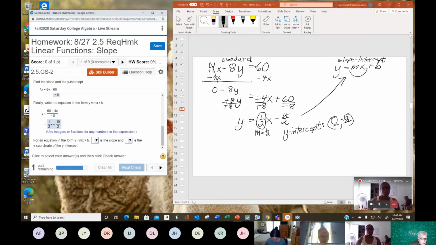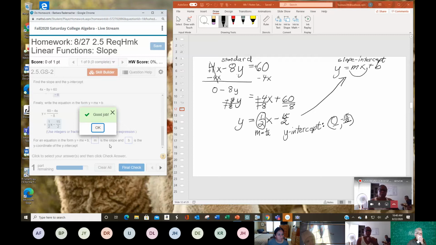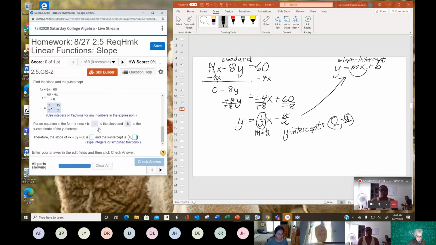Okay, for an equation in the form y equals mx plus b, m is the slope, and b is the y-intercept. That's in the formula. And more questions.